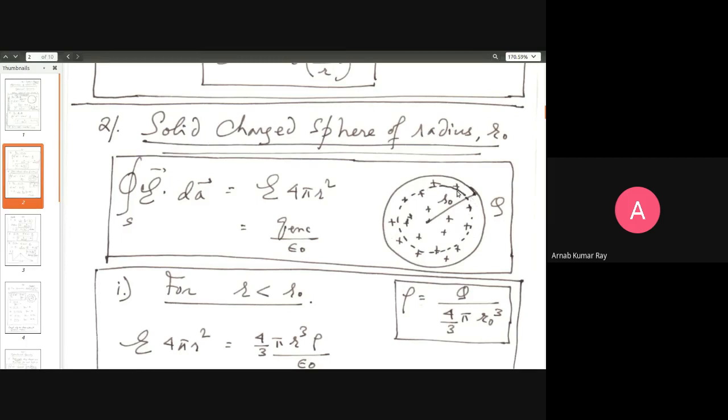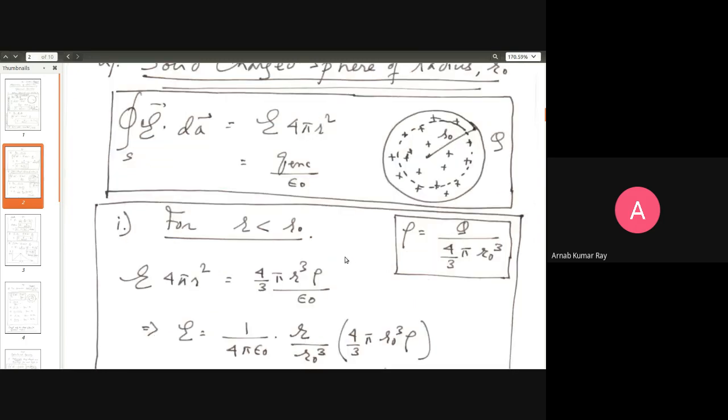And so what you have to do now is to apply the same principle as earlier at three values of the radius, namely R less than R naught, R equal to R naught, and R greater than R naught.